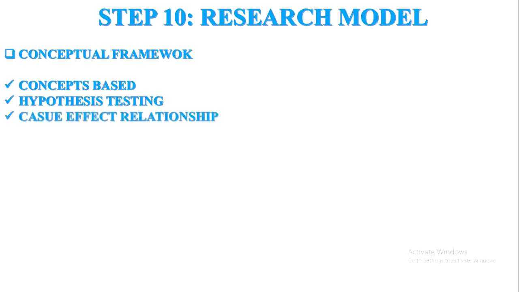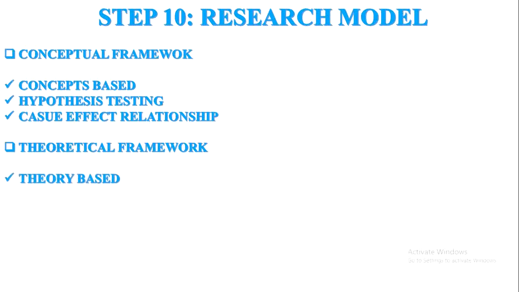Next is step 10, research model. There are 2 types of model. Number 1 is conceptual framework, which is based on concepts related to your variable. Then it's based on hypothesis testing, and it's based on causal effect relationship. Then second is your theoretical framework. Theoretical framework is based on your theory which is related to your variable.